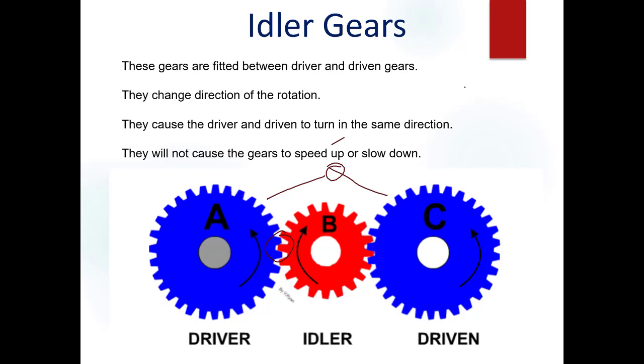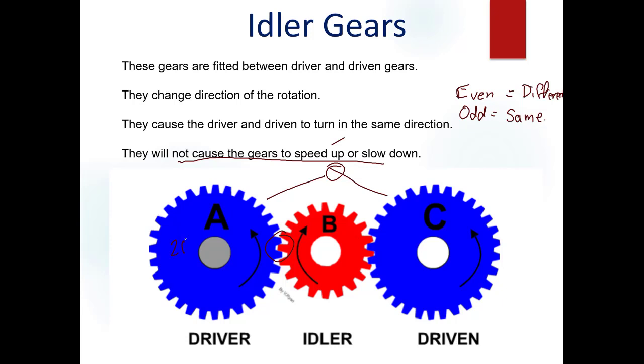Now there's a simple rule of turn. If you have an even number of gears, they are turning in different directions. If you have an odd number of gears, they are turning in the same direction. And that's a simple rule of thumb, but I have found it works every single time. The last thing is the idler gear makes no change to the driver-driven ratio.